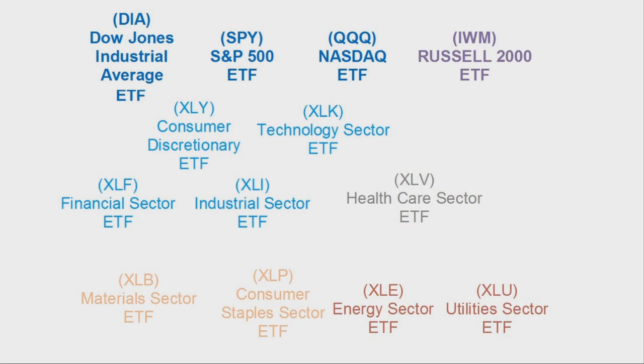Then there is the QQQ, which tracks the Nasdaq index, and this index does represent the broad stock market similar to the Dow and S&P 500. However, it is more tech-oriented. Then there is IWM, tracking the Russell 2000 index.